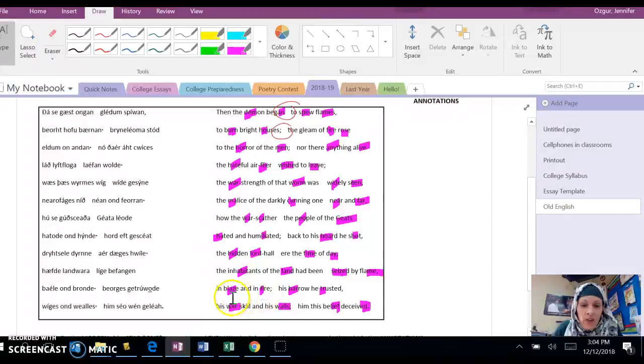That was fairly regular. His war skill and his walls, this belief deceived him. So you could hear where it's punch, punch, punch, punch. I'm not expecting you to be able to do that over here and pronounce that. But if we do it in the modern, it works in the Old English.